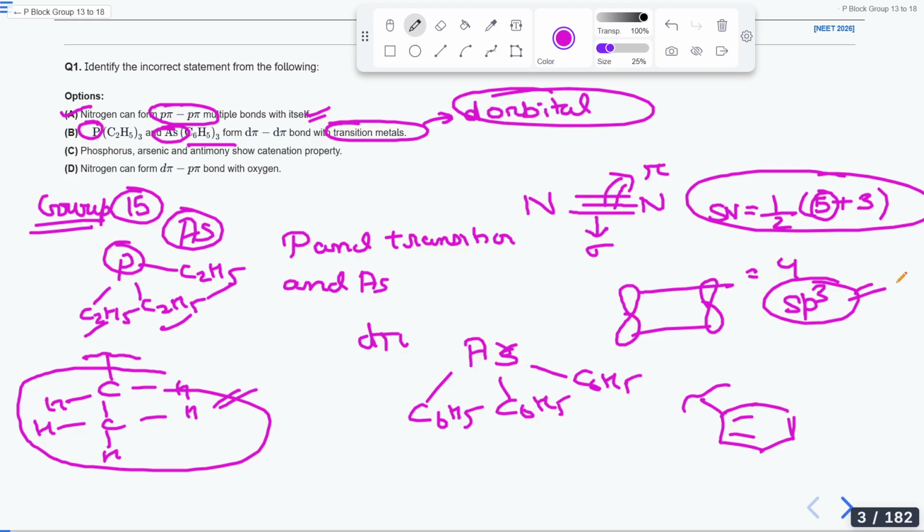So to make the pi bond, they will use their d orbital, and the transition metal was already using the d orbital. So overall there will be a d pi bond. Is it clear to everyone?